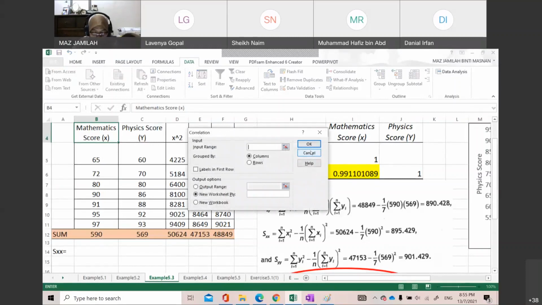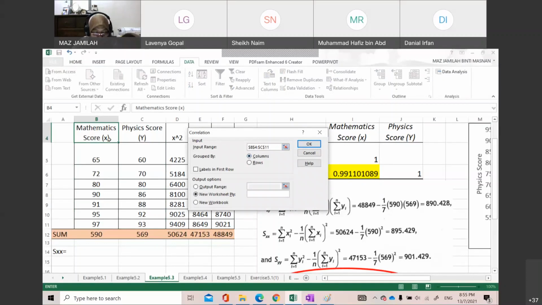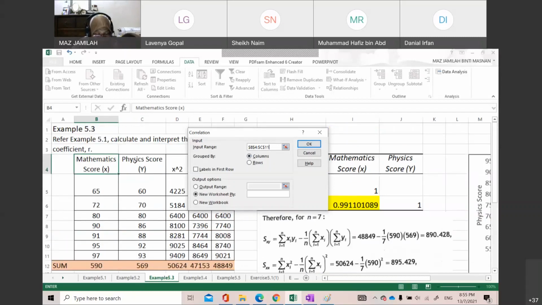Click OK. You need to have your input data range. So go to input data range, click the arrow, and then specify your data. Then go back to your window, and you have your data in terms of column, and you have your title here.